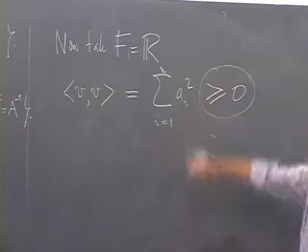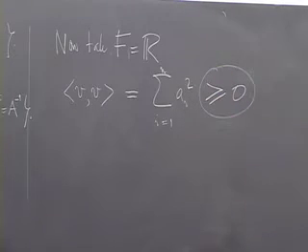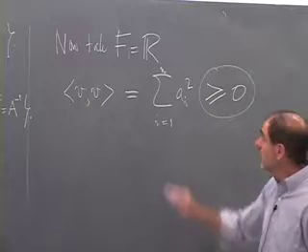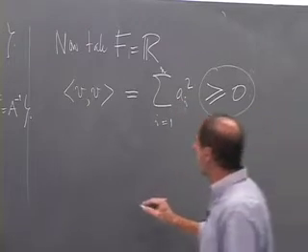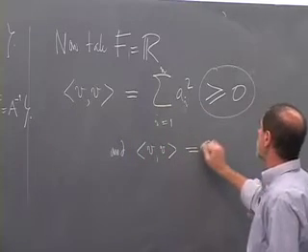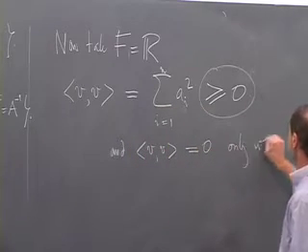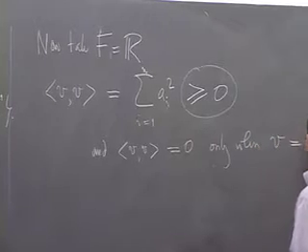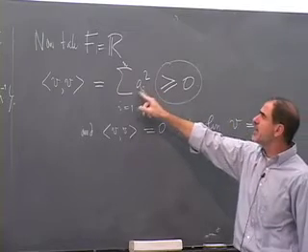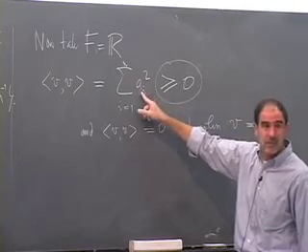You see, this kind of expression makes absolutely no sense in a general field. You can't say whether an element in Z mod 3 is bigger than or equal to 0. But in the real numbers, we have this notion of positive and negative, and all the squares are positive. So this sum is bigger than or equal to 0, and V·V is equal to 0 only when V is the 0 vector.